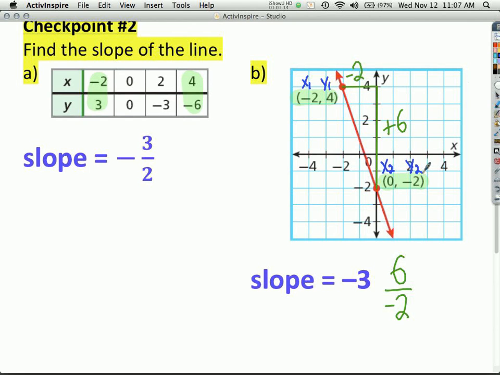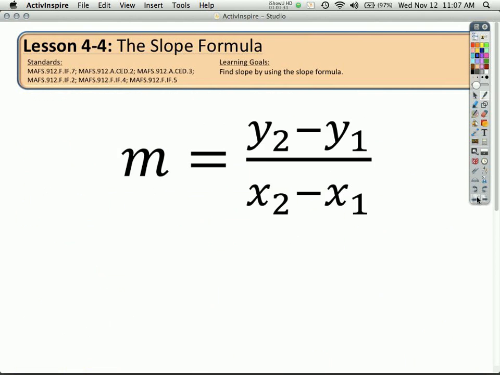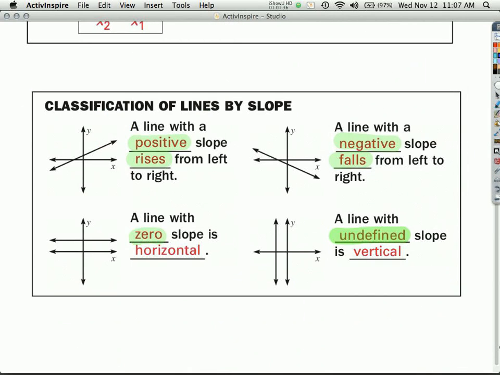Now, Amir, you said that the slope was 0/0. Something should have told you that that was absolutely bonkers. Because what does 0/0 look like? Let's go way back to the beginning. What does 0 slope look like?